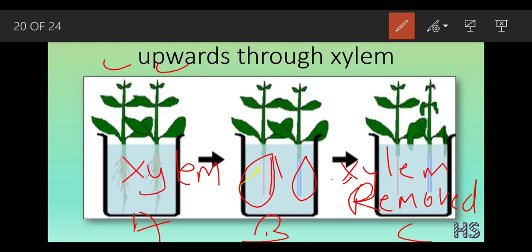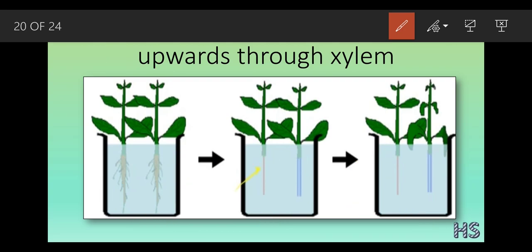Now let's move to the C part condition. After a few hours, what we notice in C: see the leaves of this have been perfectly erect. The leaves of the first part are perfectly erect.